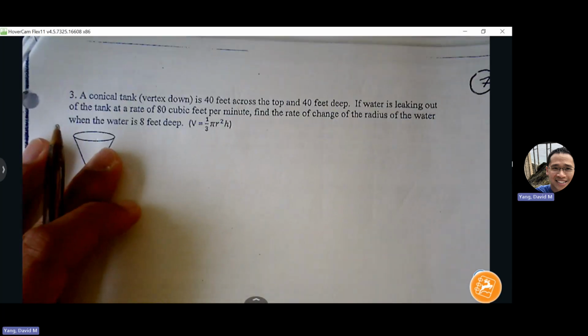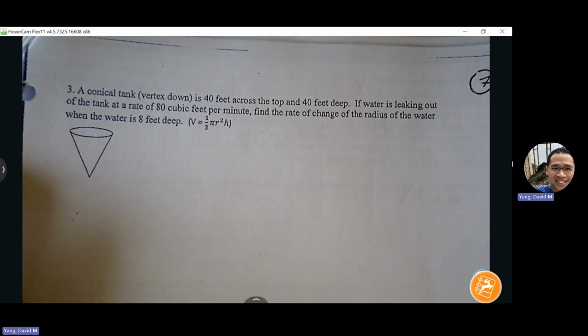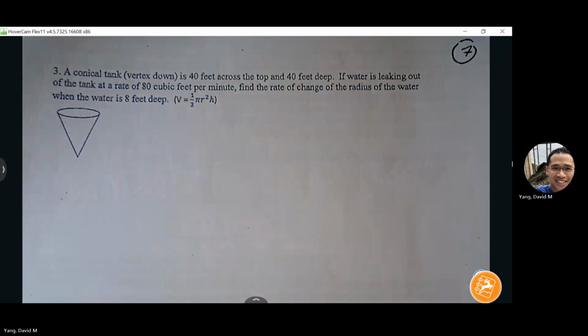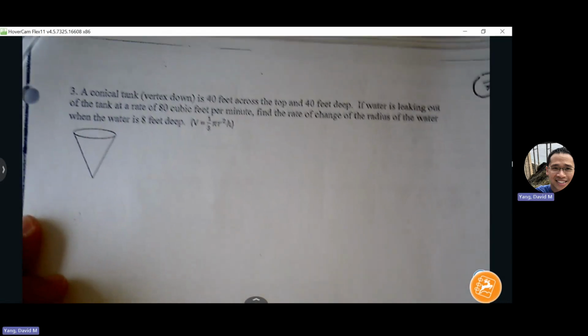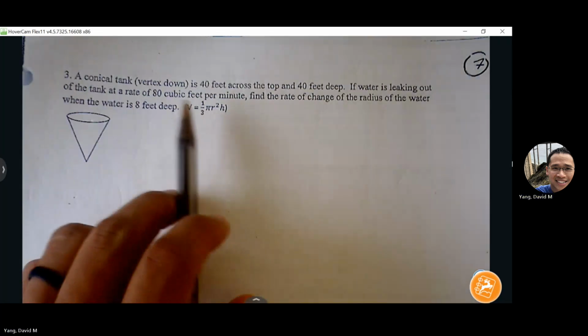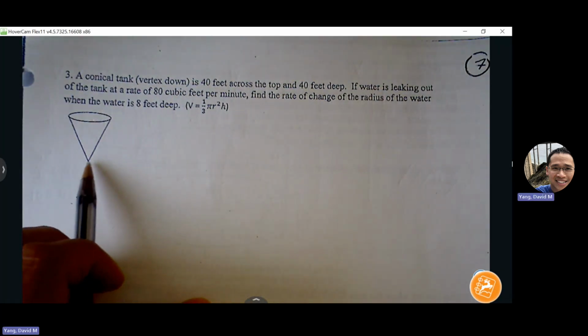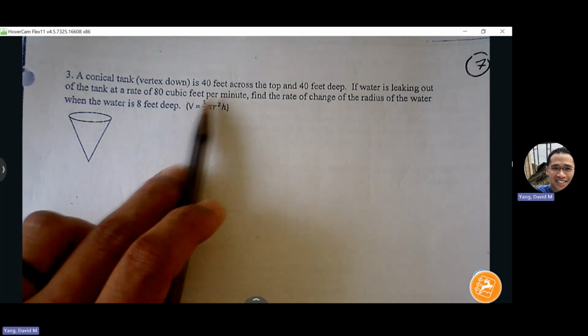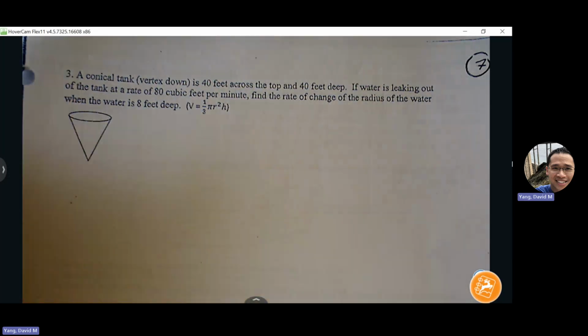Okay, so here is page 7, number 3. A conical tank, vertex down. So that's a sharp point pointing down, 40 feet across and 40 feet deep.